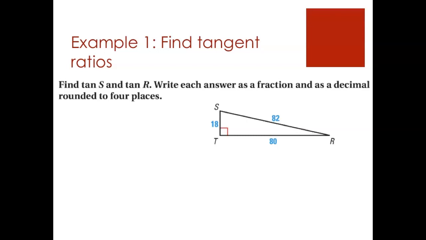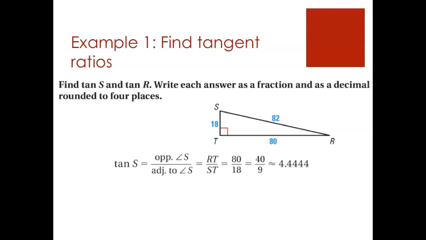So tangent of S is going to be the side that's opposite angle S divided by the side that is adjacent to angle S. So if you look at angle S, you're just looking at the two legs, and the leg that is opposite angle S is RT, and the one adjacent to it is ST. Now RT is 80 and ST is 18, so 40 over 9. So it said to write each answer as a fraction, so 40 over 9, and also as a decimal rounded to 4 places, so that would be 4.4444.